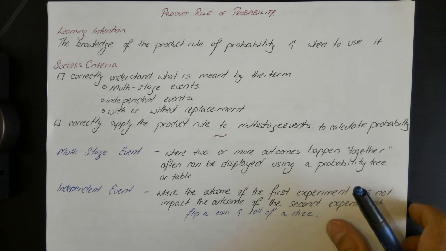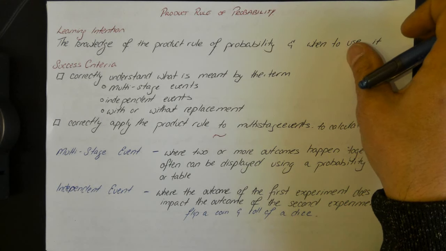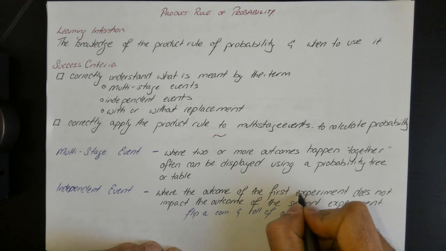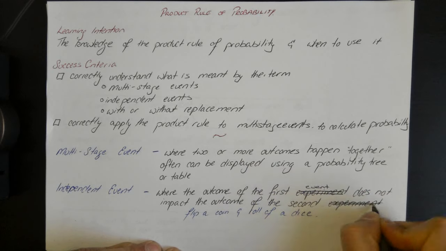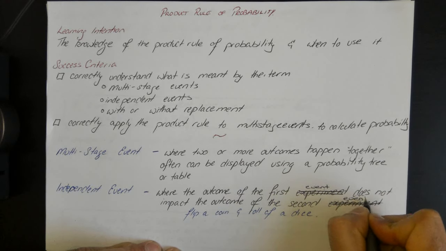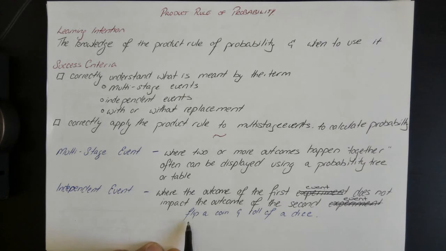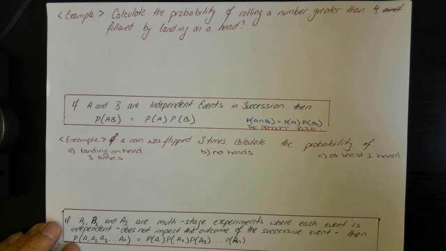So these should actually be events, where the first event doesn't impact the second event, because the overall situation is an experiment. The flip of a coin and the roll of a dice is an experiment. The flip of a coin is event A. The roll of the dice is event B. All right, let's do some examples.